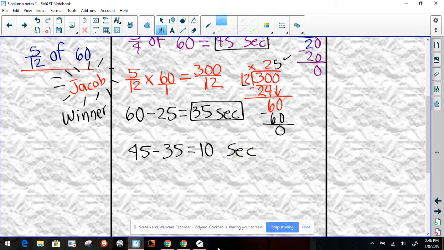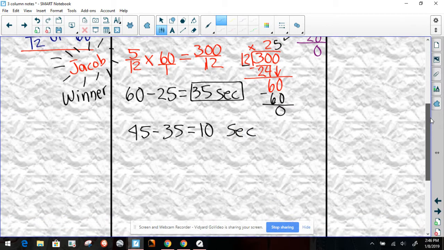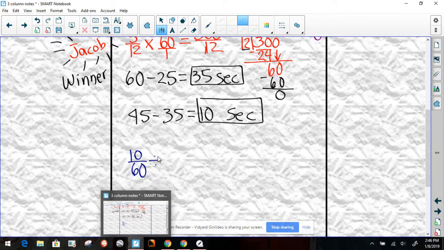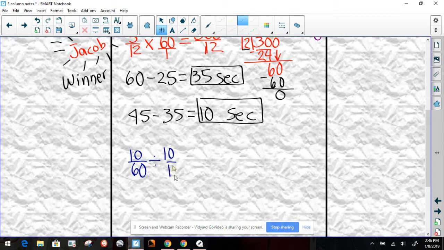Now, they want us to write that as a fraction. So we know the difference is 10 seconds, but it's 10 seconds out of what? Well, if you understand that it's 10 seconds out of 60, then we can simplify this fraction. That would be the answer there, but we can simplify it by dividing both numbers by 10.